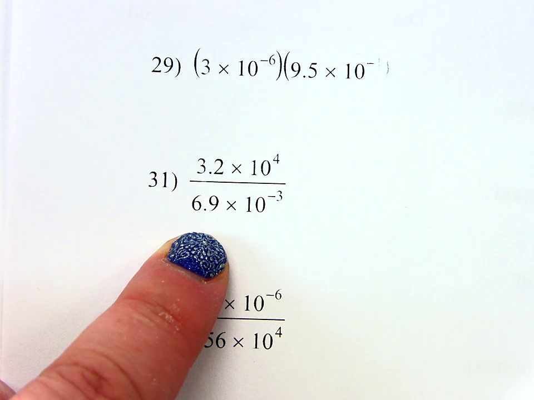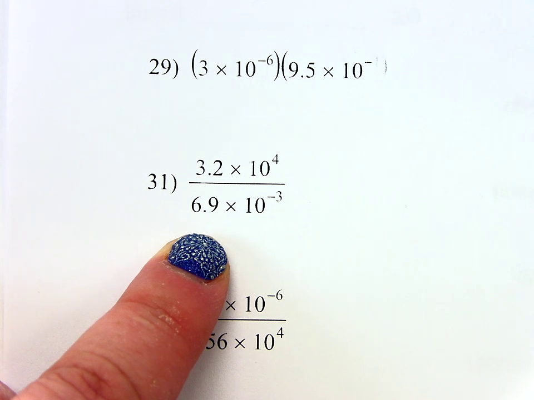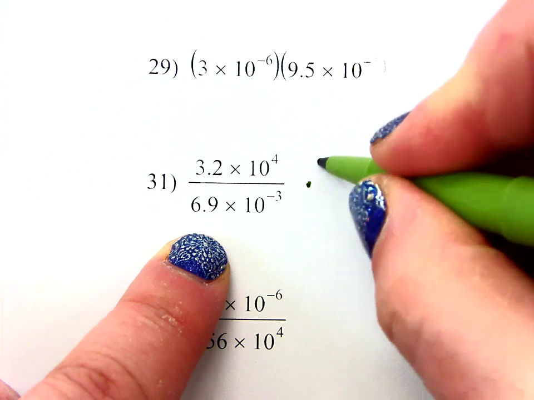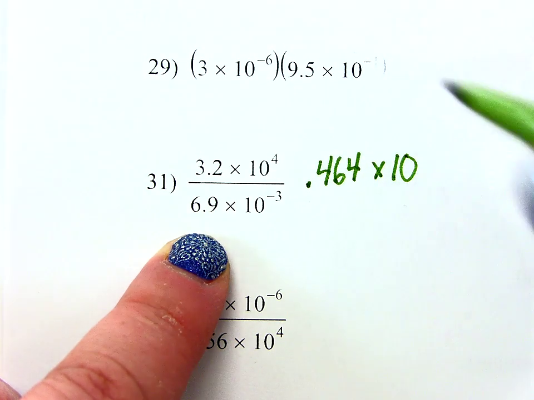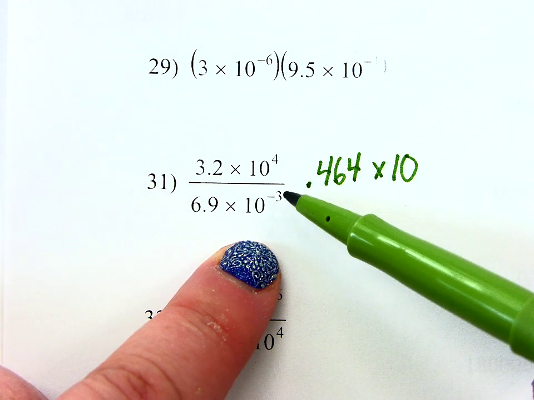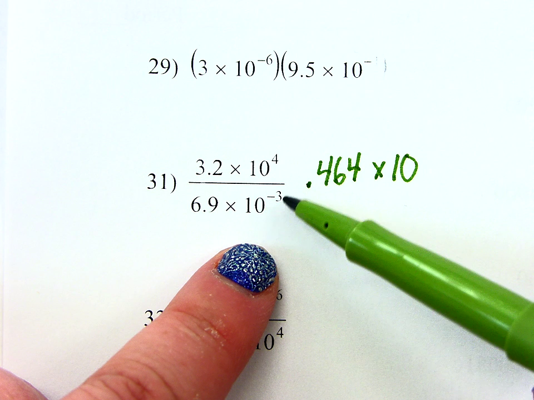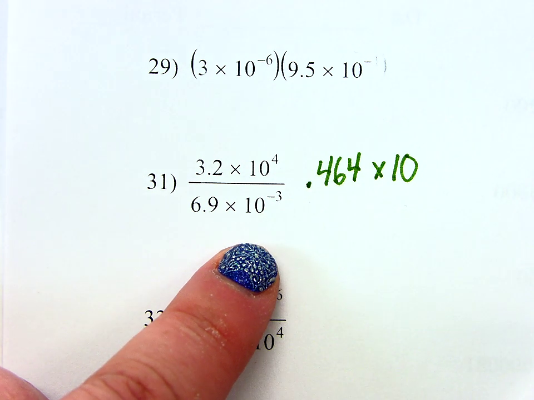3.2 divided by 6.9 gets me 0.46, if I round, that'll be a 4. 0.464 times 10 to the... 4 minus negative 3, so 4 plus 3 is 7.